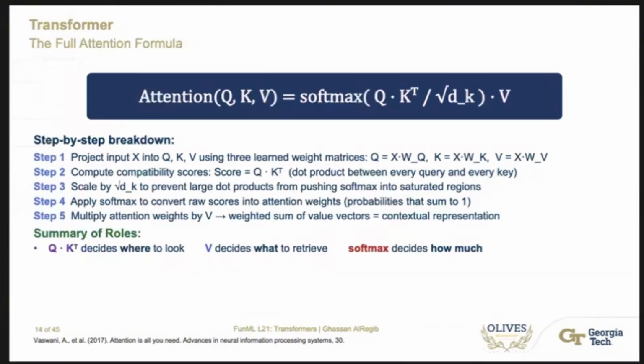So the exact formula of the attention is basically the dot product between the query and the key. The query is associated with one token, while the key is associated with the other token. Then we normalize it by the number of dimensions. We apply the softmax in order to sum everything to one.